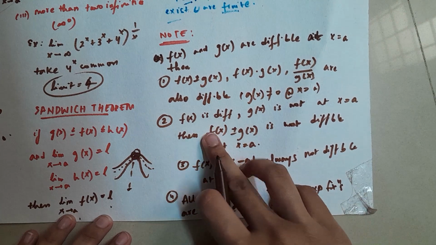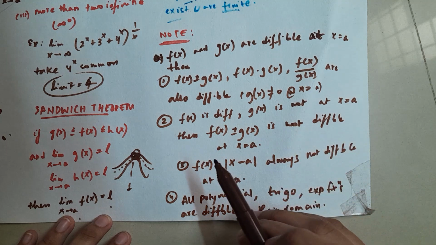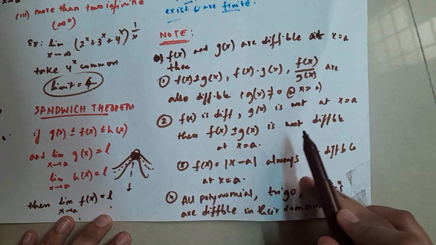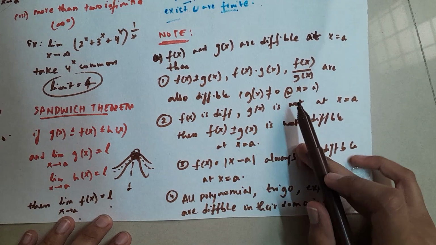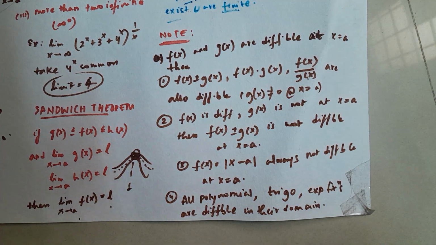Next, if f of x is differentiable but g of x is not differentiable at x equals a, then f of x plus or minus g of x is not differentiable. What about the product and quotient? We can't tell. We have to find out by multiplying or dividing the two functions.